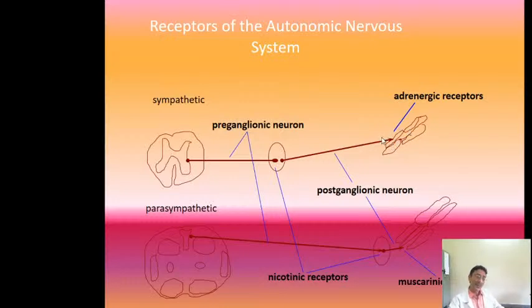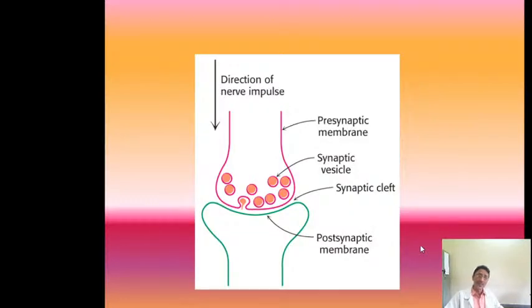Here the receptors will be the adrenergic receptors. So postganglionic sympathetic fibers at the target organs have adrenergic receptors. The postganglionic parasympathetic fibers at the target organ will act on the muscarinic receptors.